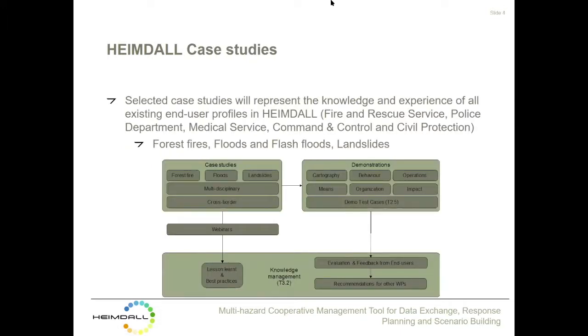All knowledge from the emergency management experiences that HEIMDALL will gather, store, and analyze arises from the end user partners, but also from the information, lessons learned, and best practices identified along their management of emergencies. For the HEIMDALL consortium, the way to gather all this data and knowledge will be by collecting a series of case studies of relevant incidents about the three main hazards of the project.